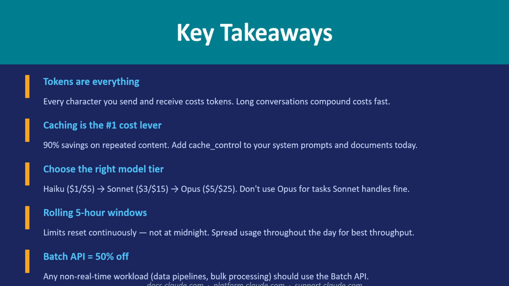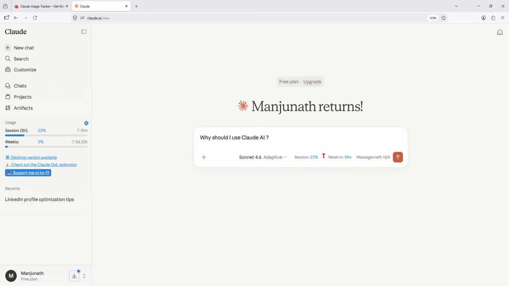Okay, so these are all the things that we have discussed. Without any delay, let's move in and look at the UI, and we'll explore more how to look at the usage here.